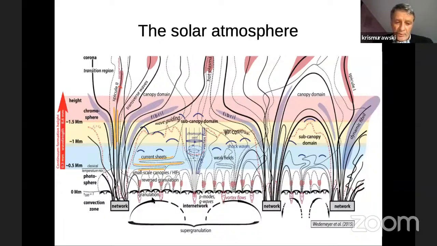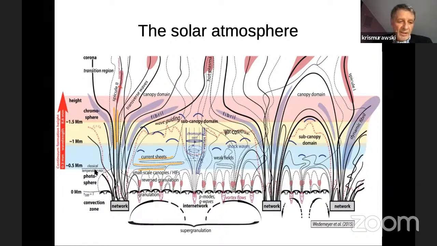So the convection zone is the main source of energy, at least kinetic energy, on the sun, and somehow this kinetic energy is transported to the atmosphere through the chromosphere.